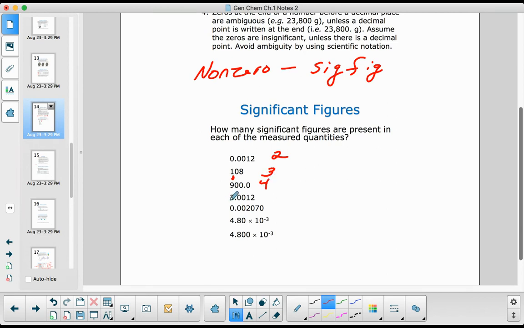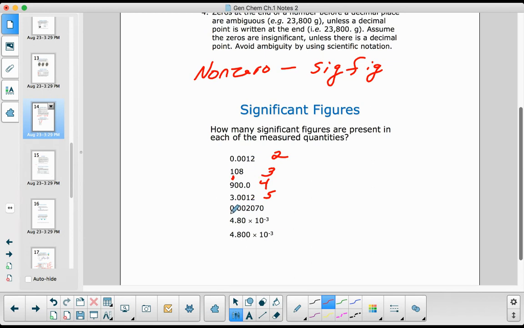For anything that looks like this, you're going to have non-zero digits on the ends, so everything in between becomes significant. I always think of it as the sandwich rule. Anything in between the 2 slices of bread on the end is going to become significant. So this example would have 5. The next example is a lot like the example up here.